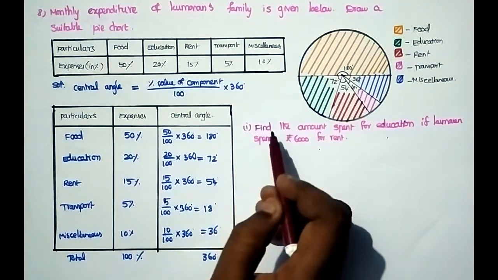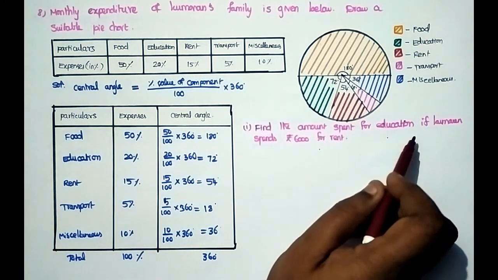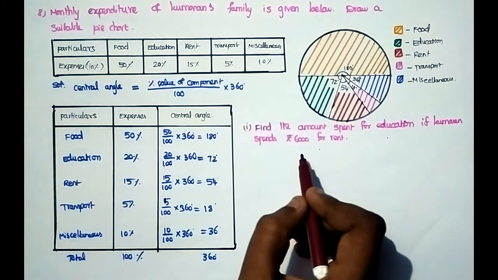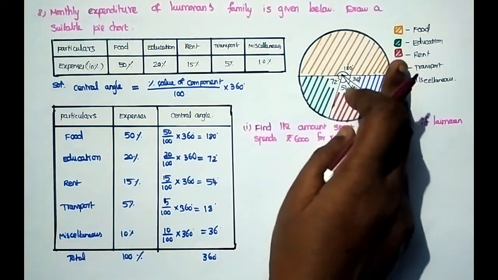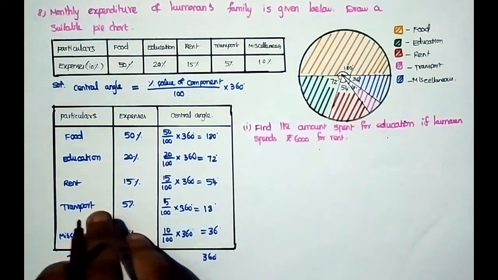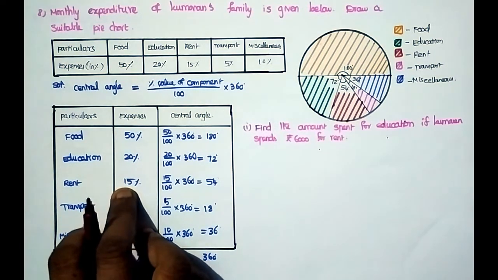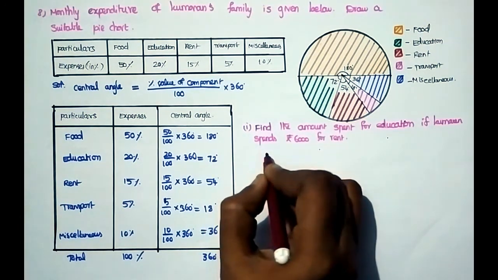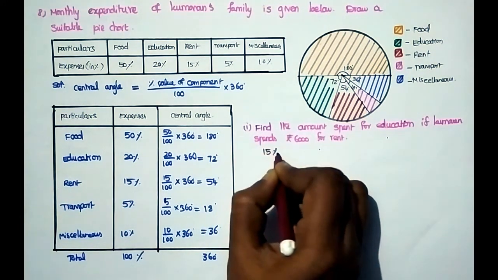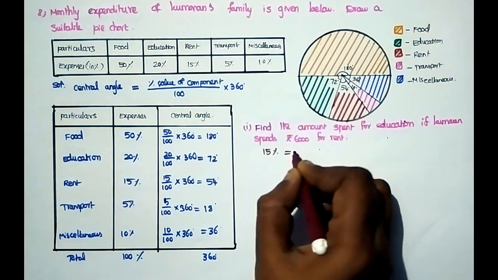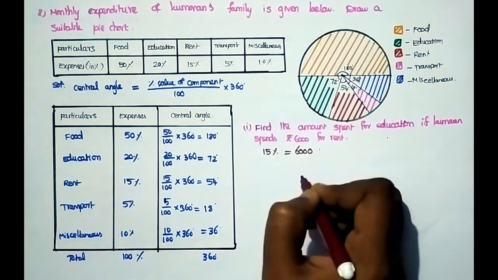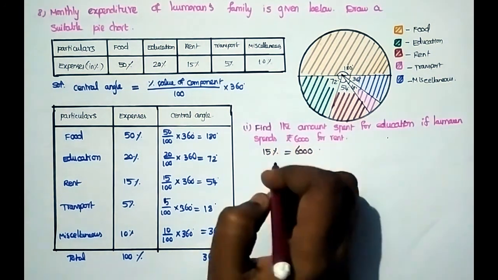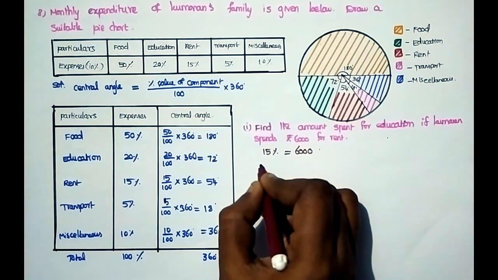Listen the first question. Find the amount spent for education if Kumaran spends rupees 6,000 for rent. So rent percentage is how much? 15 percentage. 15 percentage equal to 6,000. From that, what is the total expenditures?